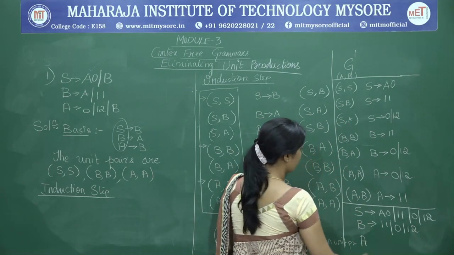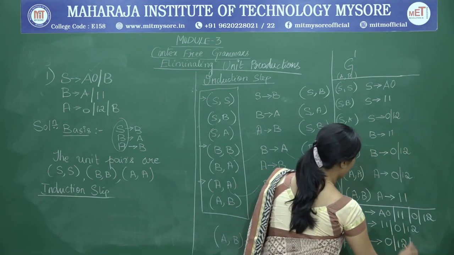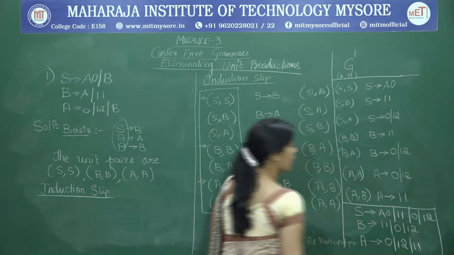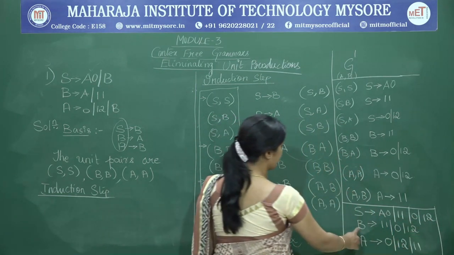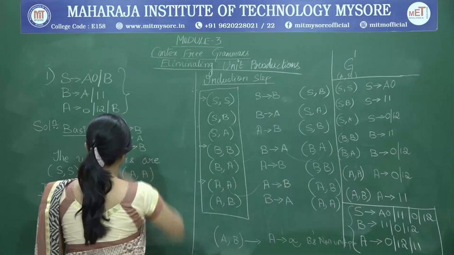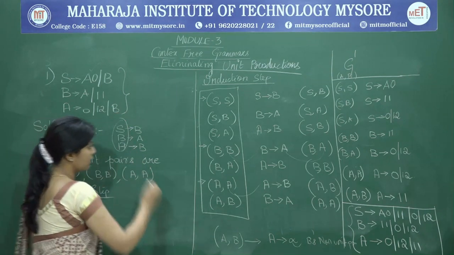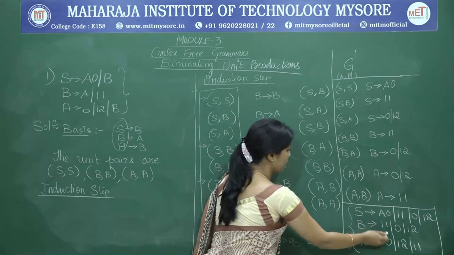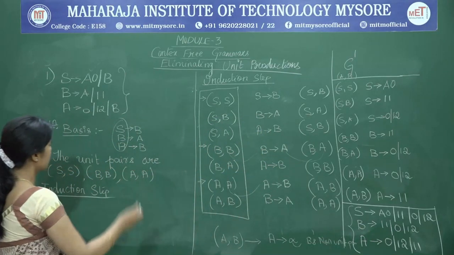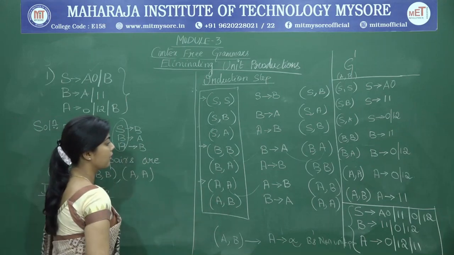And this is A goes to 0, 1 2 or 1 1. So this is the set of grammar rules that we have formed for the original grammar that we wrote here. The original included the unit productions, but here we do not find any unit productions. But still the strings that are formed by this grammar will be the same.